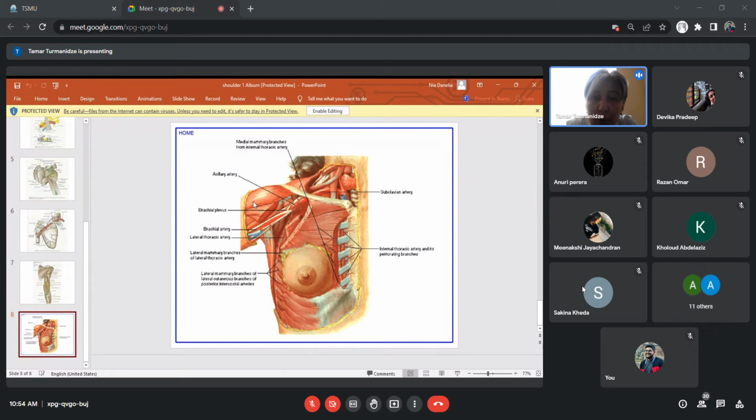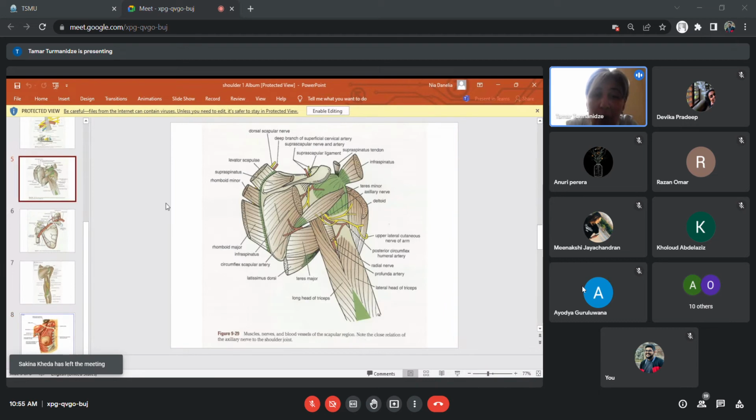The anterior wall of the axilla is formed by the pectoralis major muscle, pectoralis minor muscle, subclavius muscle, and the clavipectoral fascia, which covers the pectoralis minor muscle and subclavius muscle. The posterior wall of the axilla is formed by the teres major muscle and latissimus dorsi muscle.